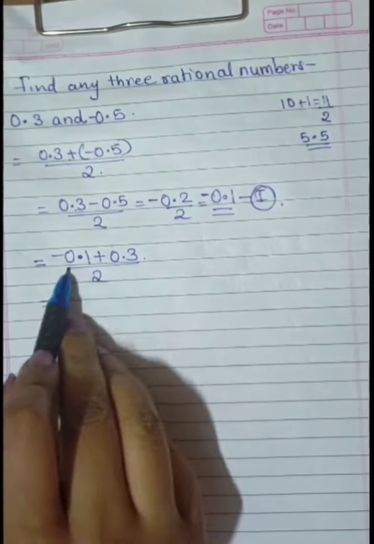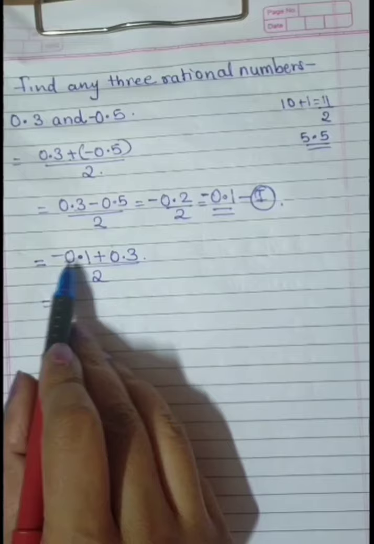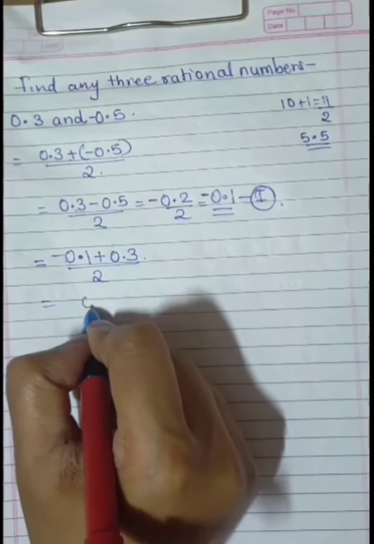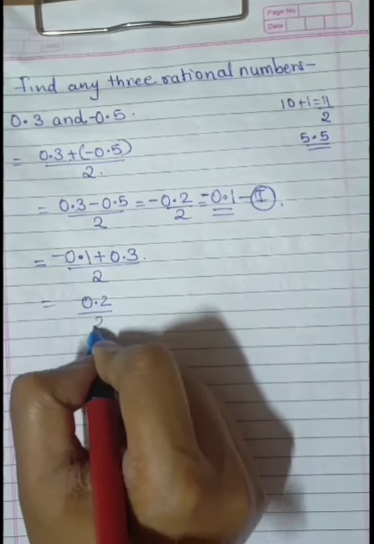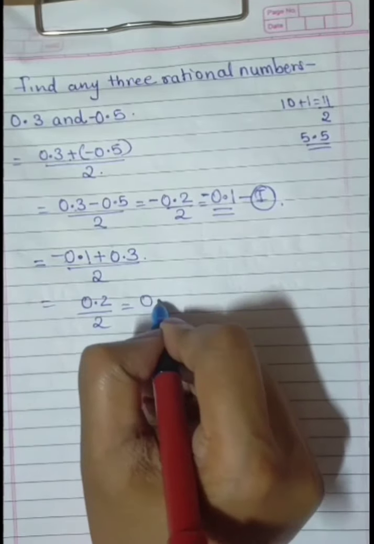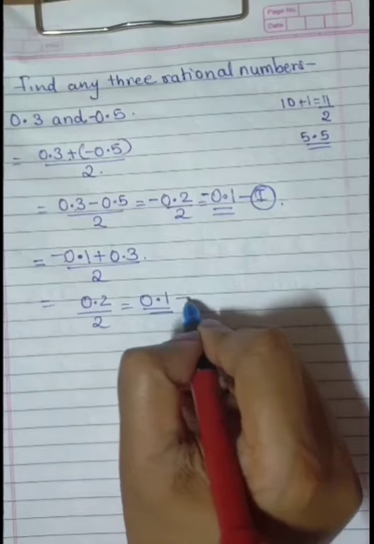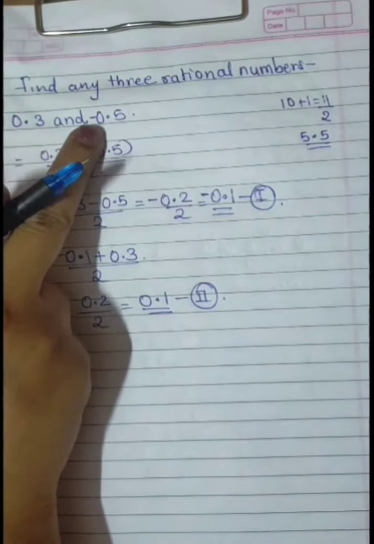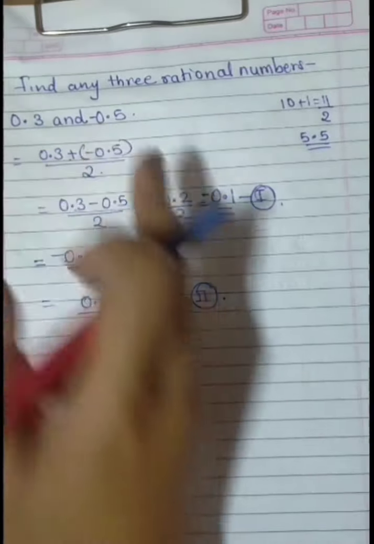So again plus and minus will give you the answer 0.2 upon 2. Answer will be 0.1. So this is the second number we got between 0.3 and minus 0.5.